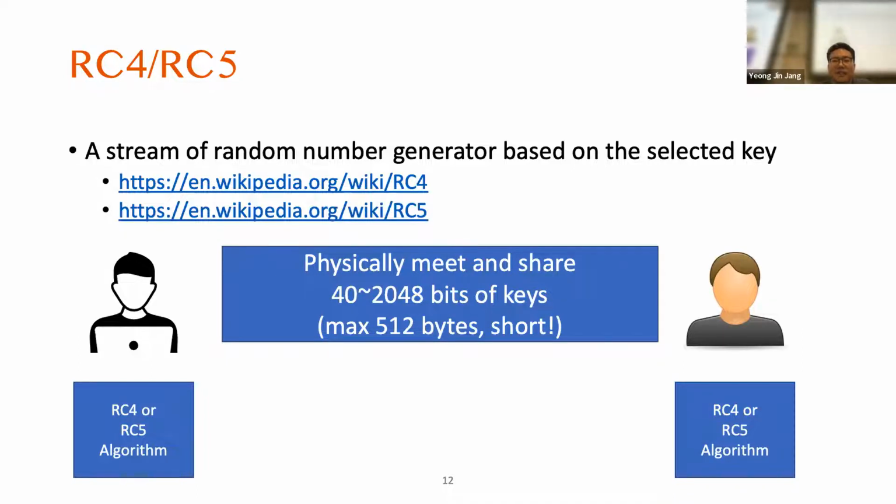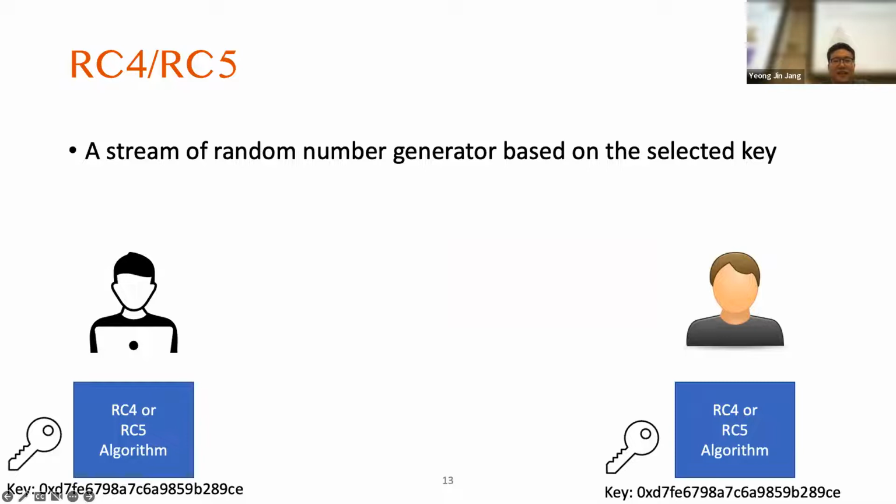And then suppose they share the same key. This is called a key because this number will determine what kind of sequences will be generated from these algorithms. After the two parties agree on the key, they can use the same algorithm, and these algorithms are public.